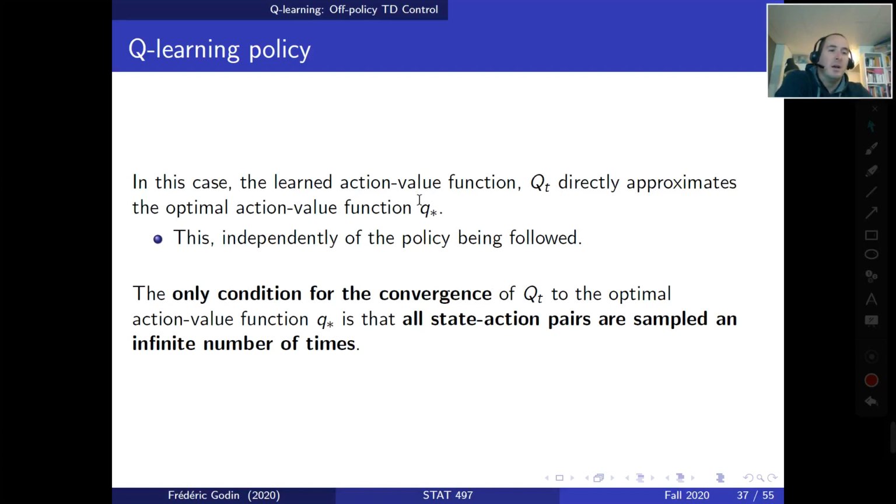So you converge not only to the best epsilon-greedy policy, you will converge to the best overall policy in that case. The only condition for this, as we mentioned, is the coverage assumption, which is that all state action pairs are sampled an infinite number of times by the behavior policy.